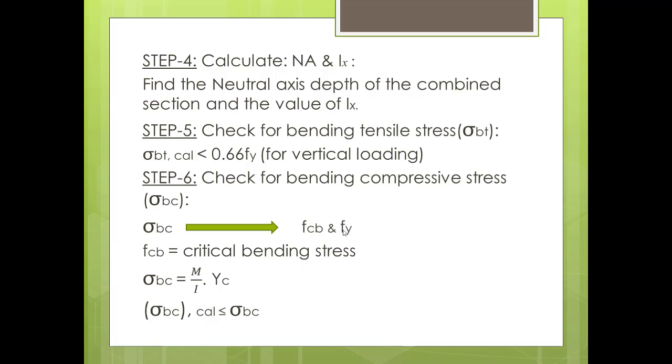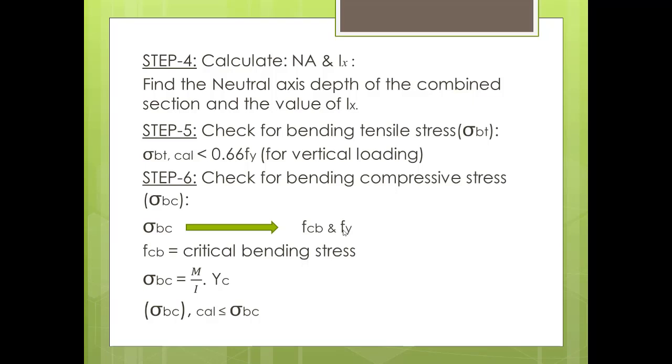Now moving on to step 6, we have to check for bending compressive stress, that is sigma bc. We get sigma bc from FCB and Fy. FCB is nothing but critical bending stress. Sigma bc is given by M by I into Yc, the bending equation.